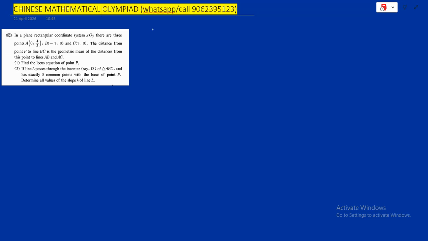So we have 3 points. A is (0, 4/3), B is (-1, 0), and C is (1, 0). So BC is horizontal, so line BC is the x-axis.